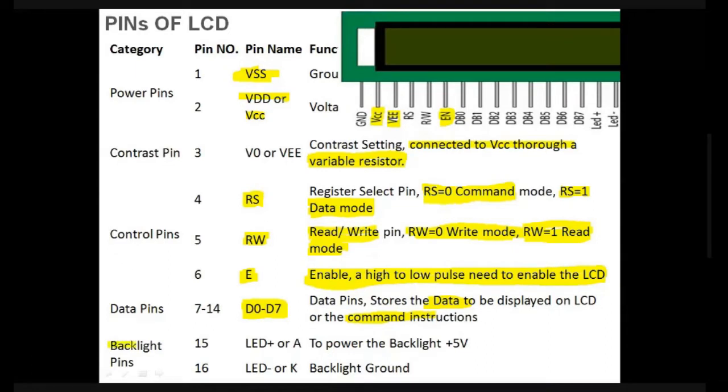The last two pins are the backlight, the LED plus pin and the LED minus pin. This plus and minus is the power supply for the backlight of the LCD, which is plus 5 volts, so that we can easily read whatever data is present on the display.